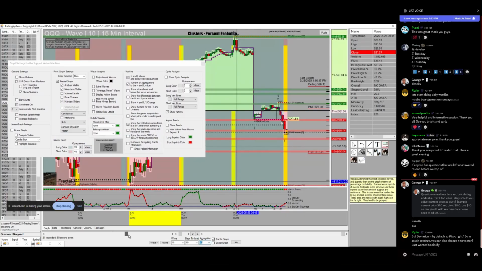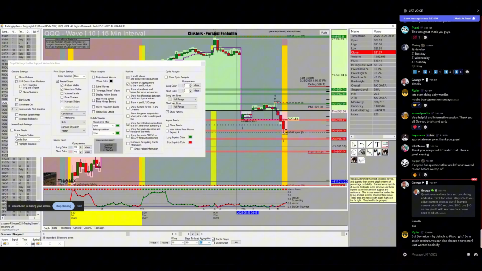So it's learning what the market needs to be doing in order to stay long, and then sooner or later, the market challenges that. So that vector down below is reading the deviation from price to vector, and then on the other setting, from price to the overall graph, the overall fractal information.